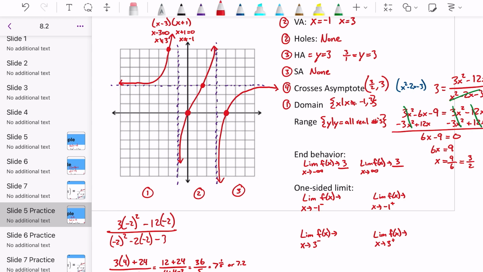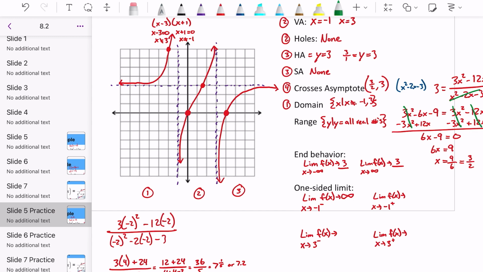Now here we have to take a look at what is going on as we approach from each one of these sides. Keep in mind, as we approach -1 from the left side, notice it is going towards +infinity.